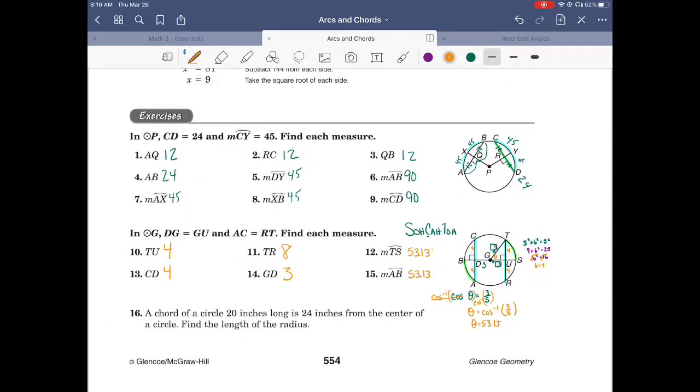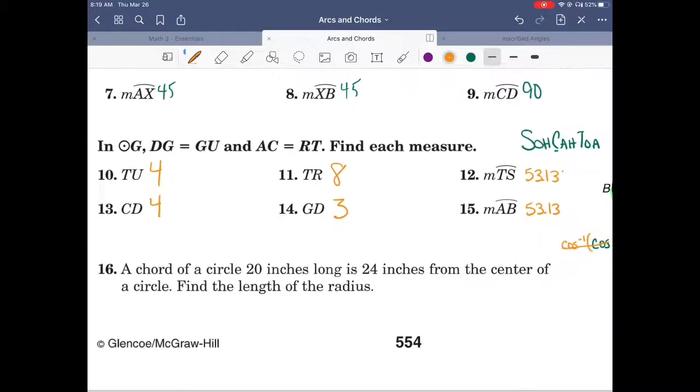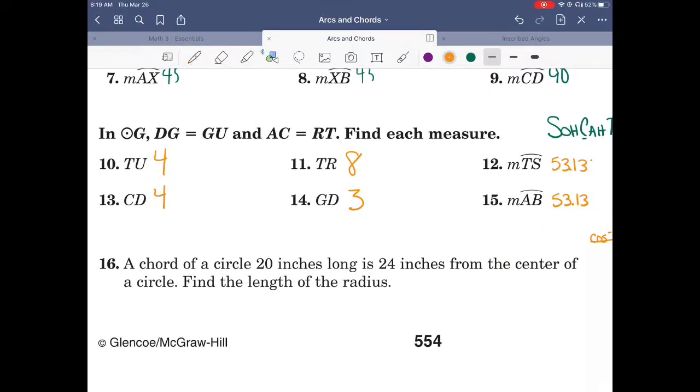Okay. Last but not least on this page, a chord of a circle 20 inches long is 24 inches from the center of the circle. Find the length of the radius. So whenever there's a word problem, the first thing I'm going to do is draw a picture. So here's my picture. It says I have a chord that is 20 inches long.